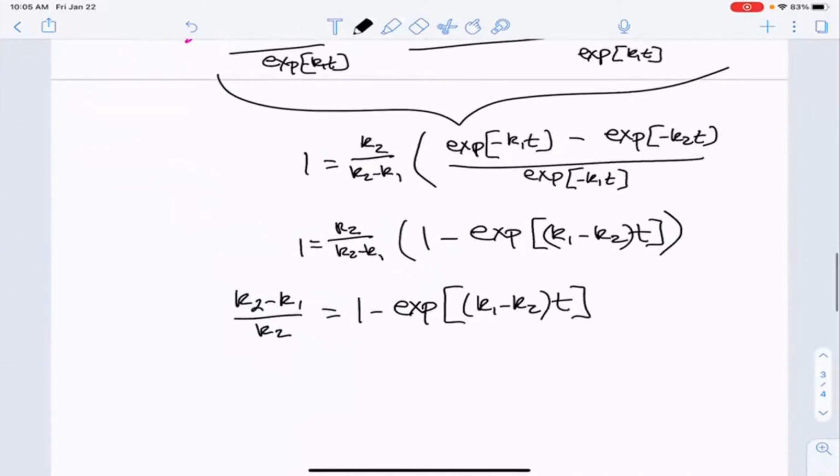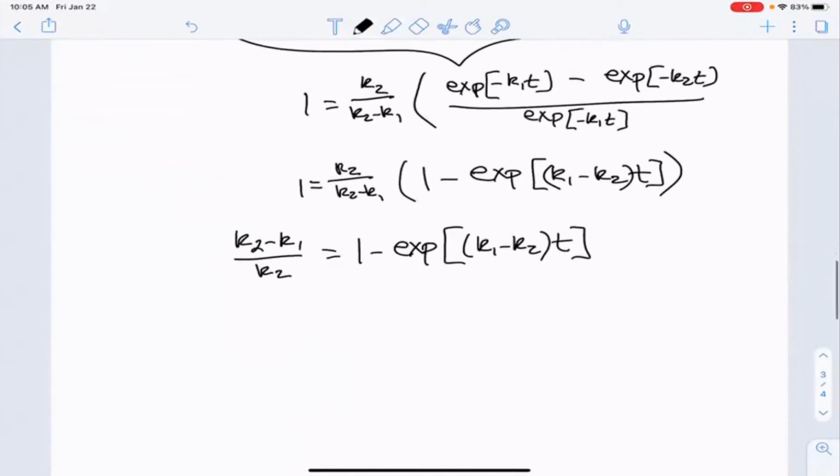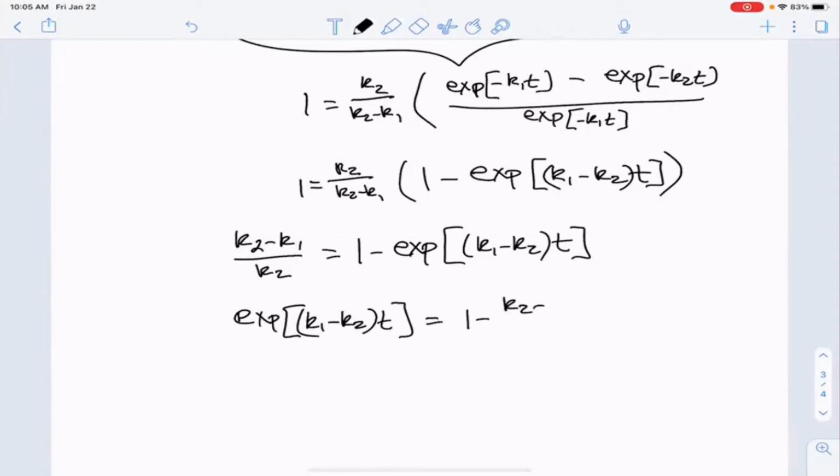And we can then rearrange this equation, right? The exponent of K1 minus K2 times time equals 1 minus K2 minus K1 over K2. I just flipped sides here for those two.